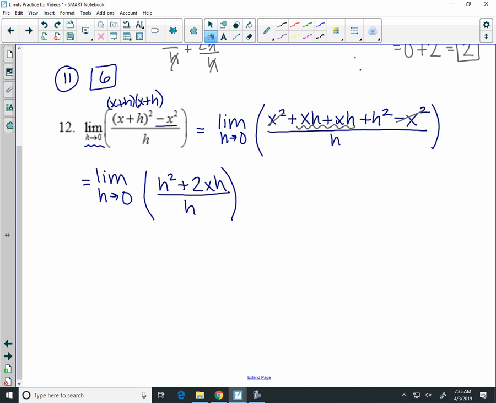So here's where you have some options. You can simplify from here by factoring out an h so that you can cancel, or you can simplify from here by breaking up over the common denominator. I think either one is lovely. I would pick what you like and stick with it.